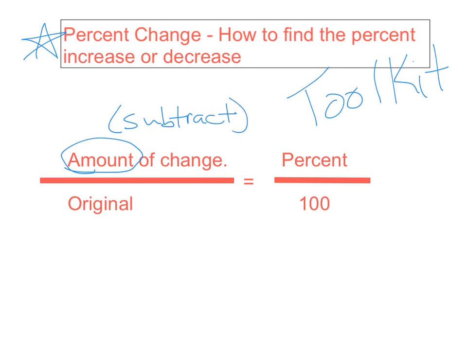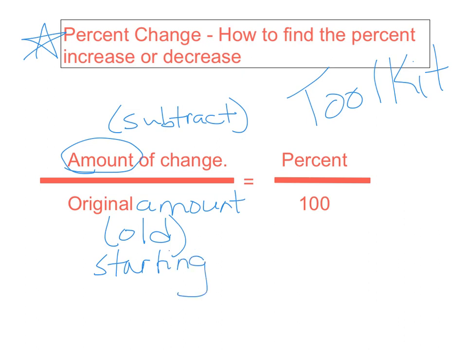You put that in a proportion over the original amount. If you wish, you can call it the old price, the old amount, or the starting amount. That equals the percent over 100. Notice how the 100 is always here because we're talking about a percent. So take a minute and write this in your toolkit.